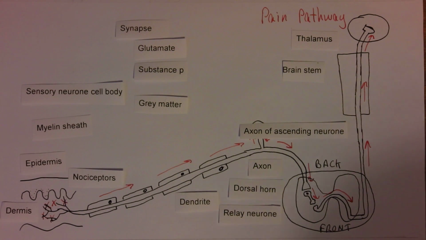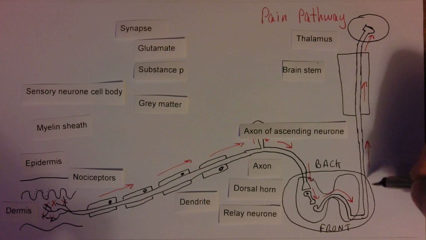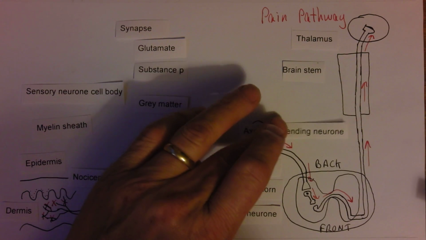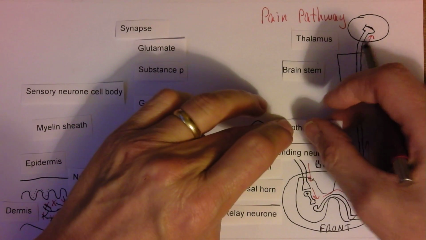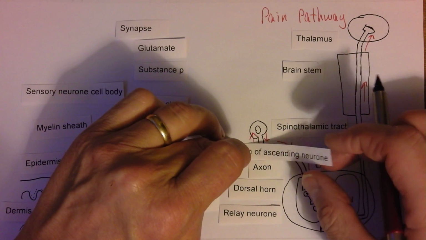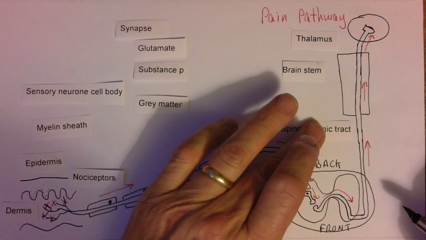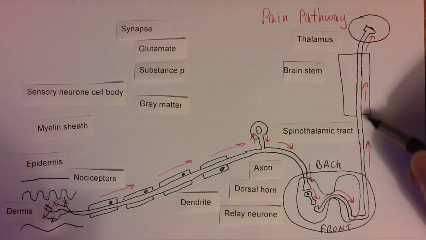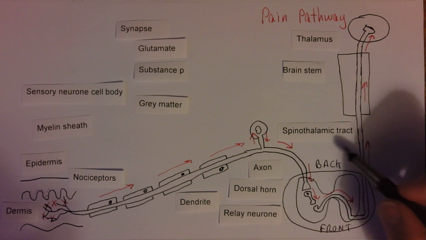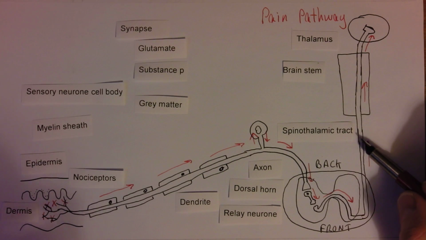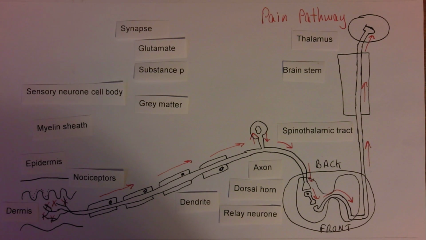Now, because this tract contains the ascending neuron, and it's going from the spinal cord up to the thalamus, it's the spinothalamic neuron in the spinothalamic tract.